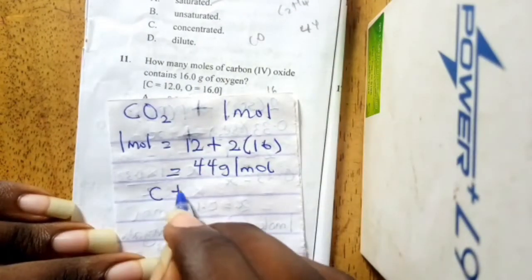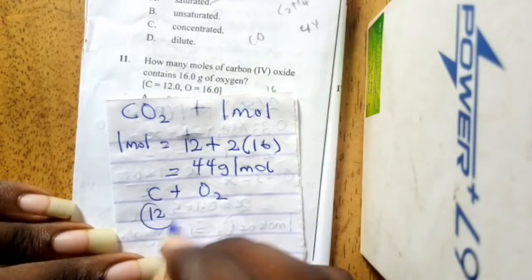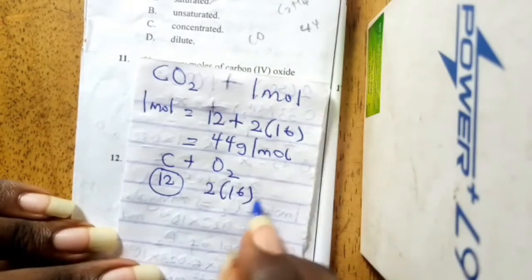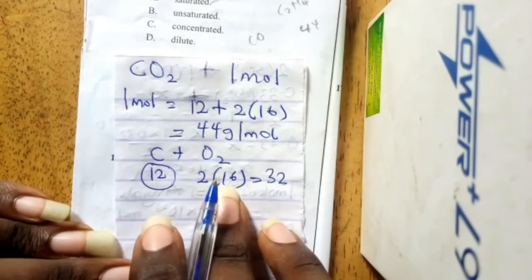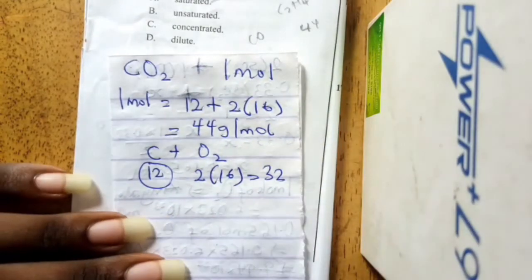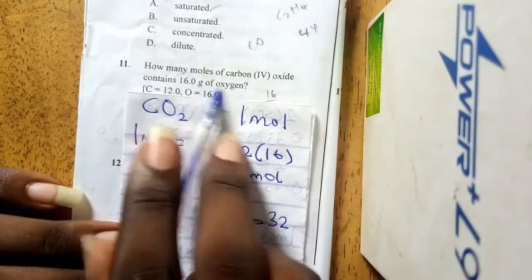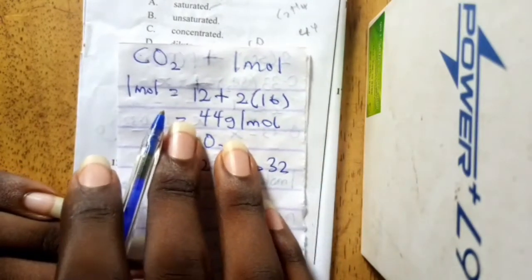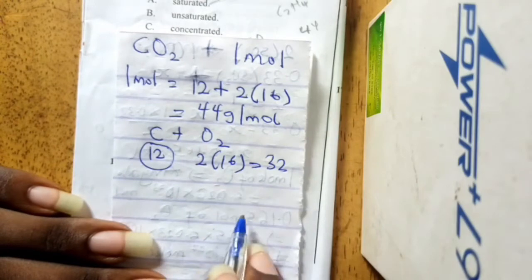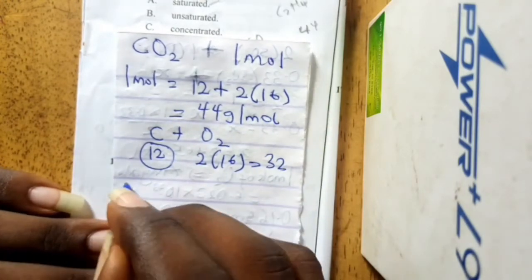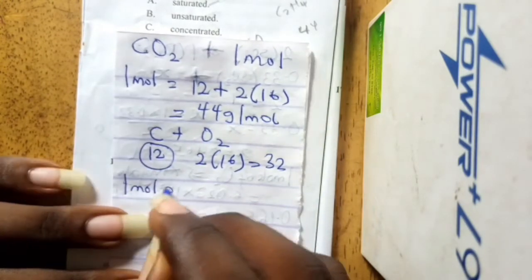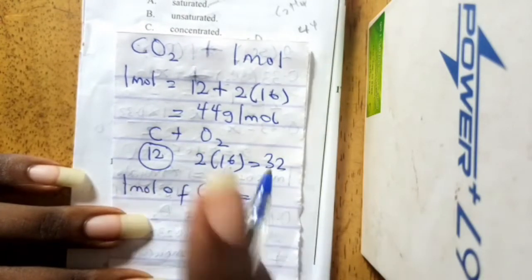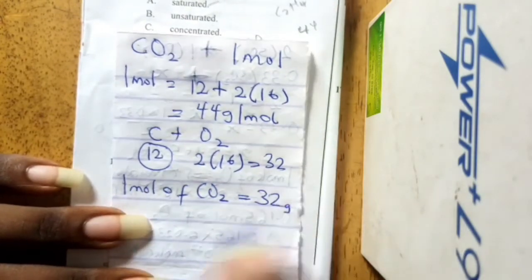Now, carbon dioxide consists of 12 grams of carbon and 32 grams of oxygen. So we are told how many moles of carbon dioxide contains 16 grams of oxygen. So if you are to have just 16 grams of oxygen, recall that 1 mole of CO2 contains 32 grams of oxygen.